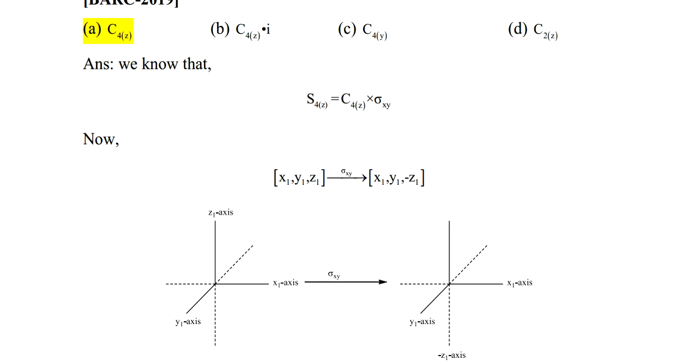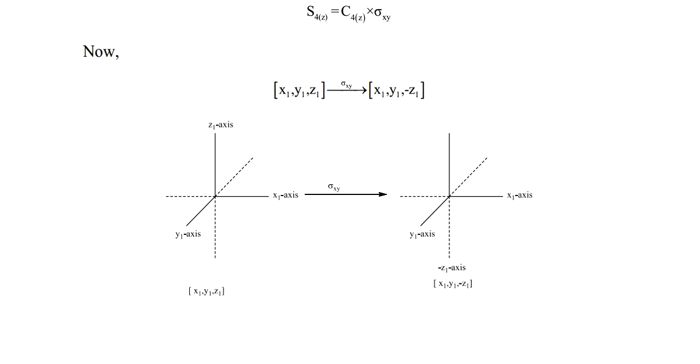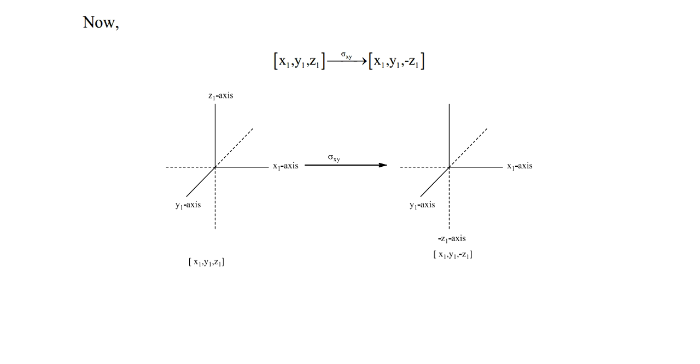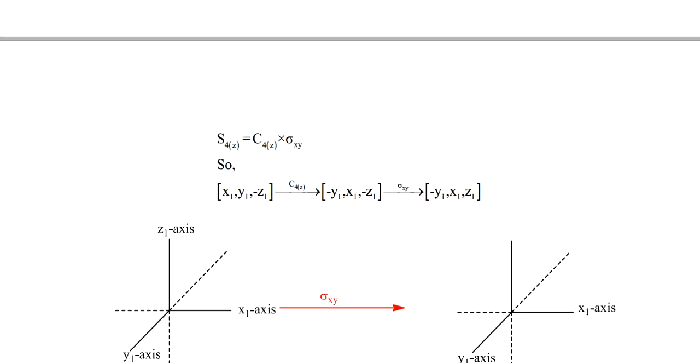Okay, so for axis x1, y1, z1, by operating the sigma xy plane, you know that x1, y1 will remain the same and the z axis will be reflected. So it will give x1, y1 and minus z1, right? Can you see here in this figure? x1, y1, z1 gives x1, y1, minus z1 by operating the sigma xy plane. Now S4Z equals C4Z into sigma xy, right?